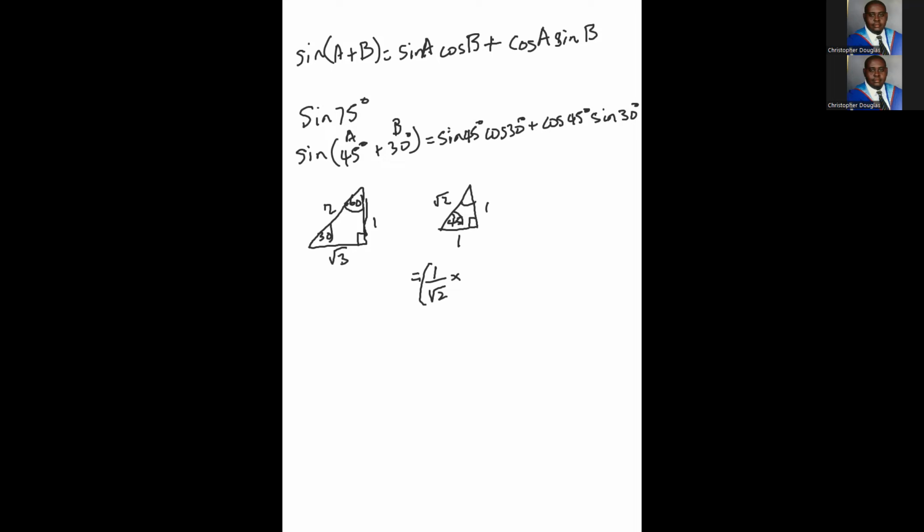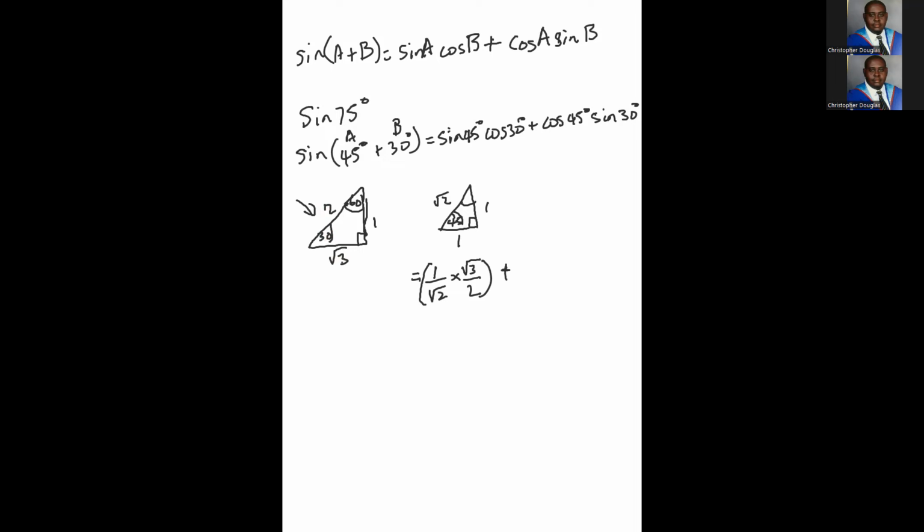If I go to my triangle, cos 30, this is the 30-degree angle here, it will be adjacent divided by hypotenuse, which is here. So therefore, it will be root 3 over 2.